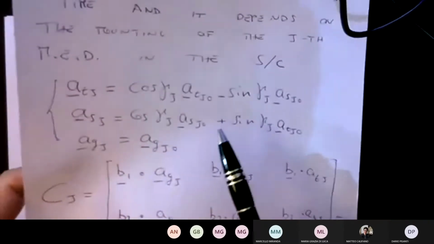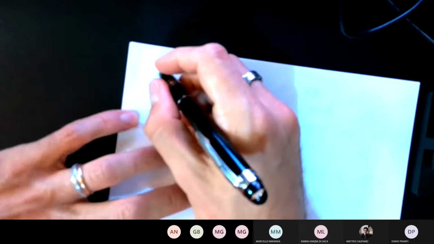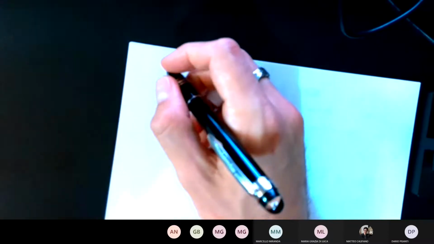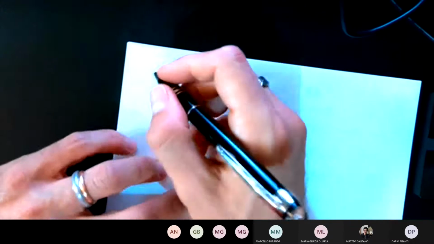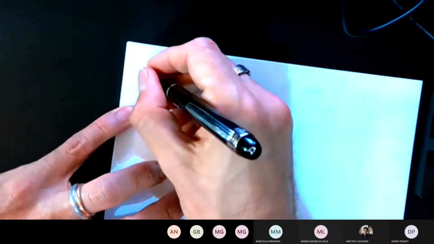So we did write the expressions here for the gimbal, spin, and tangential axis. So I'm going to take the rate of change with respect to the spacecraft. This will allow me to compute how CJ is changing, because as we said, it is changing.